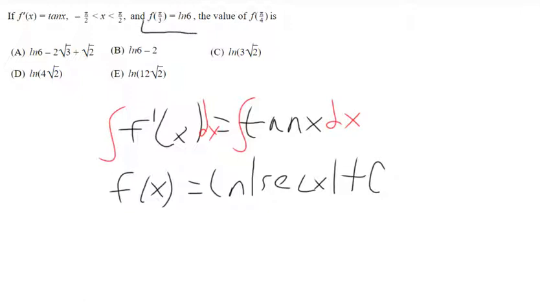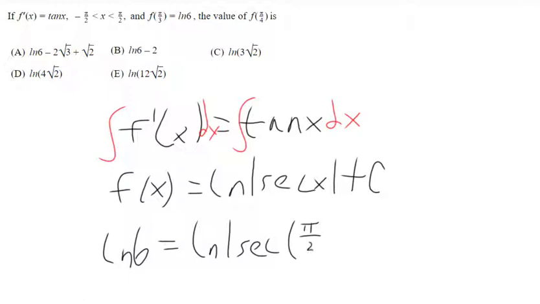And we have this initial condition right here, so we can use that to solve for c. So I know that if I plug pi over 3 in here for x, I have to get natural log of 6. So we know that natural log of 6 equals natural log absolute value secant of pi over 3 plus c.